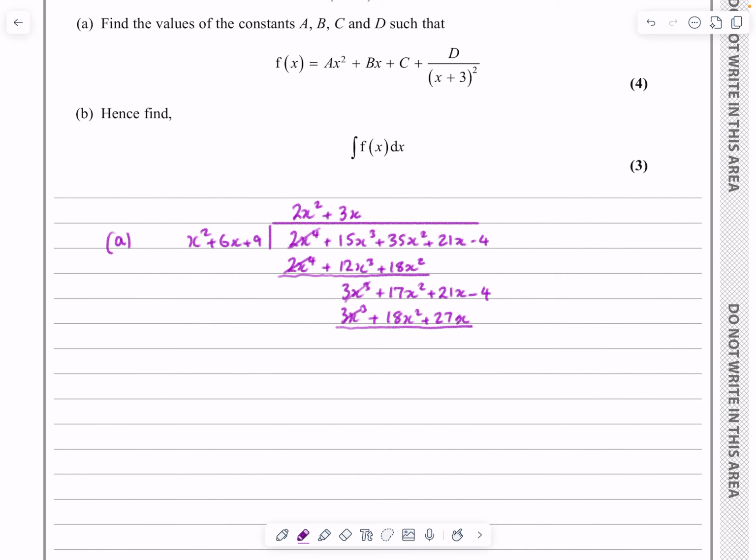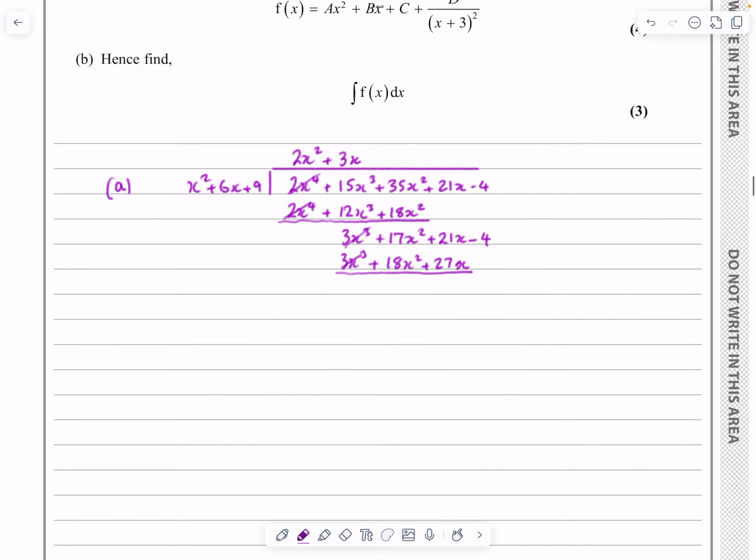They will cancel. Be careful here, 17 take away 18 is going to give me minus x squared, 21 take away 27, we're going to get minus 6x, minus 4, and then the last part, how many times does x squared go into minus x squared?